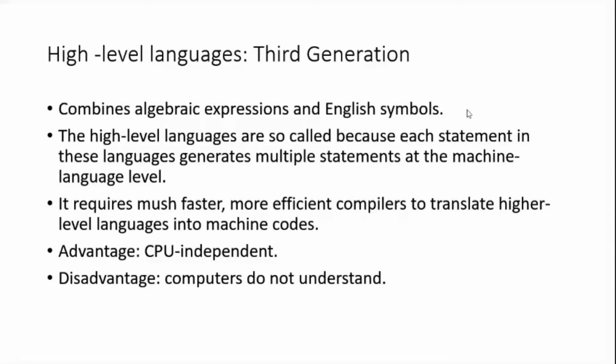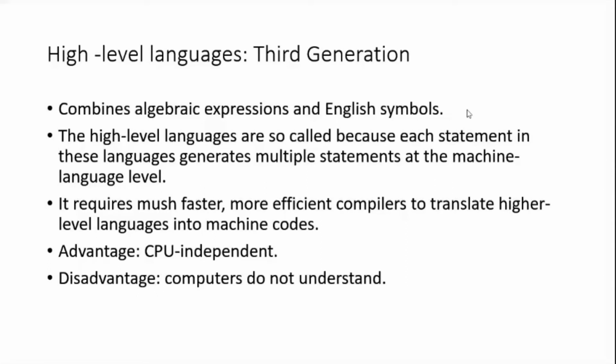The condition with the high-level language is that it requires much faster, more efficient compilers or interpreters to translate higher-level language into machine codes. Only the machine code can be run in a computer. The advantage of high-level languages is that they are not CPU dependent, they are CPU independent.